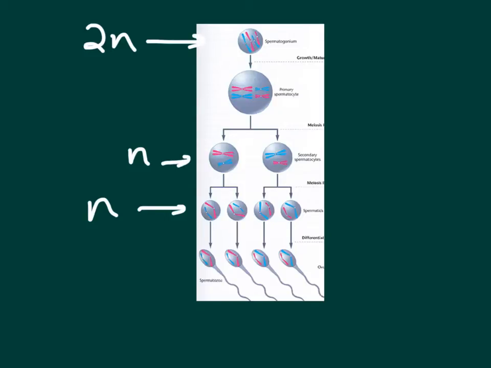We have our primary spermatocyte, which is still 2N. It undergoes meiosis 1 to create two haploid cells, secondary spermatocytes. And then it undergoes meiosis 2 to make 4 spermatids that are also haploid.